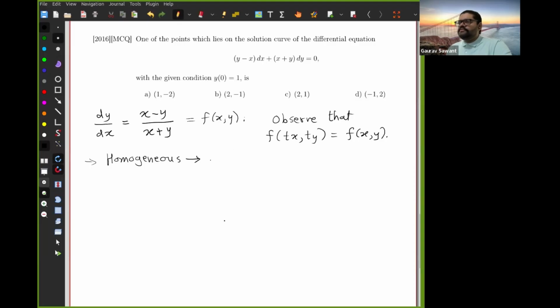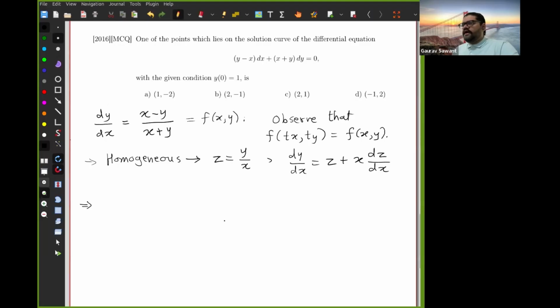So you could try a substitution, z equal to y by x, and also have the differential formula dy by dx equal to z plus x dz by dx. Let's do these substitutions here.